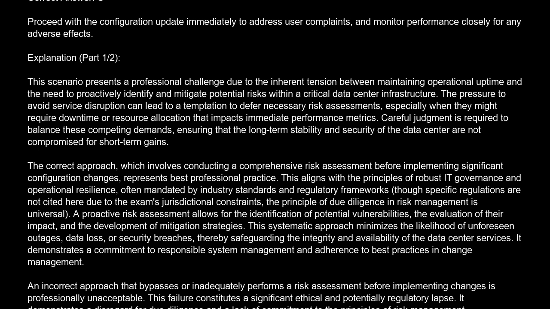This systematic approach minimizes the likelihood of unforeseen outages, data loss, or security breaches, thereby safeguarding the integrity and availability of the data center services.